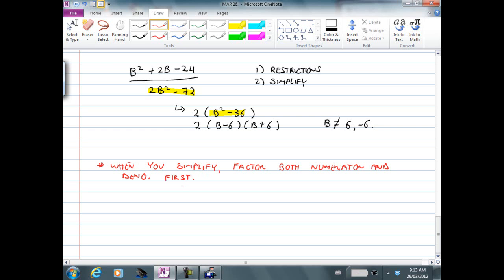Okay. It says when you simplify, factor both numerator and denominator first.